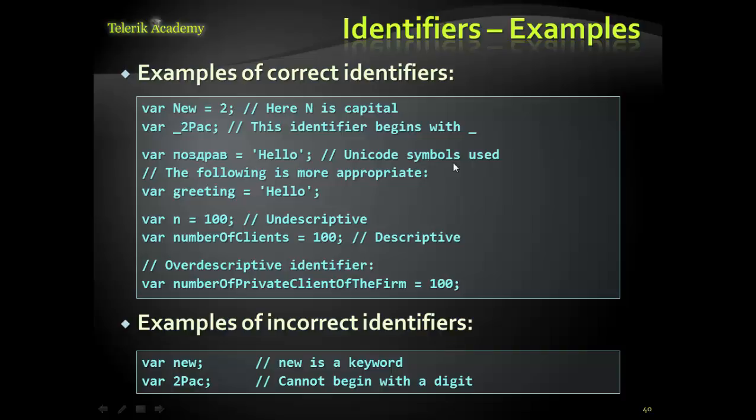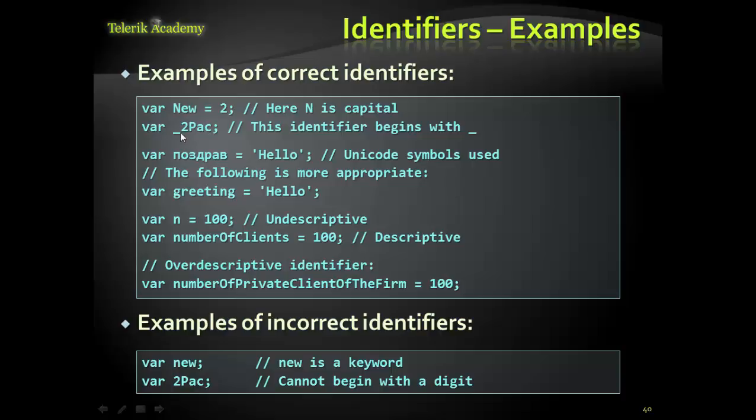So some examples, we have some variables here, not much to show. As I said, you can use any name. This one would stand out because it has an uppercase letter starting. It's not very common. But if you use a lowercase new, then you'll get in collision with a new keyword which is used in JavaScript, and that will be a problem.